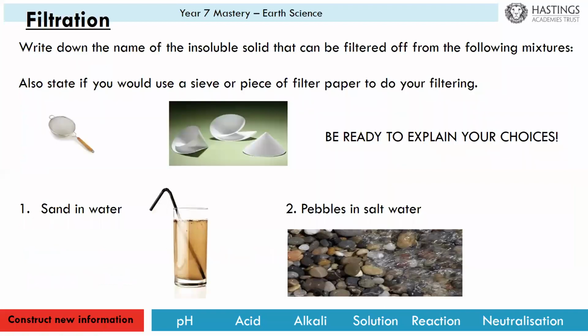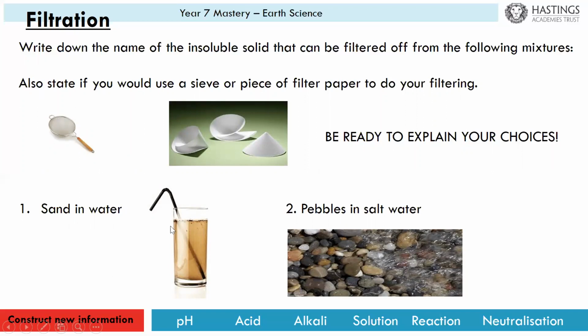So what I'd like us to do is have a look at these images, and state whether you would use a sieve or filter paper to do the filtering. A sieve or a colander is what you can see on the left-hand side.